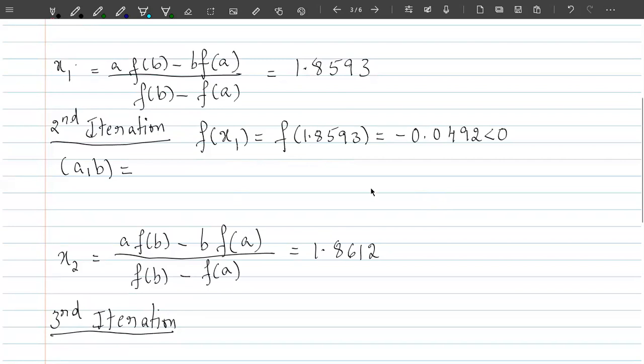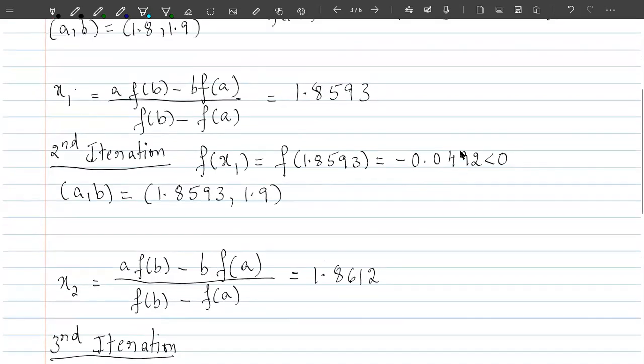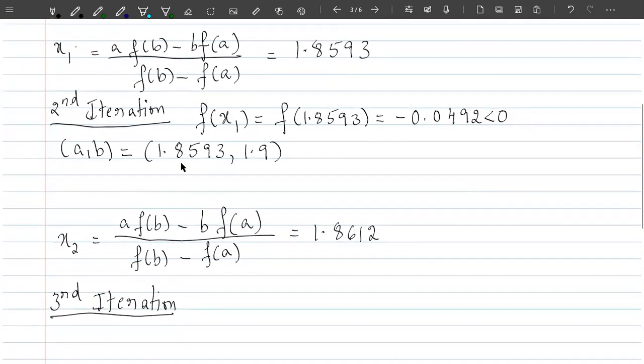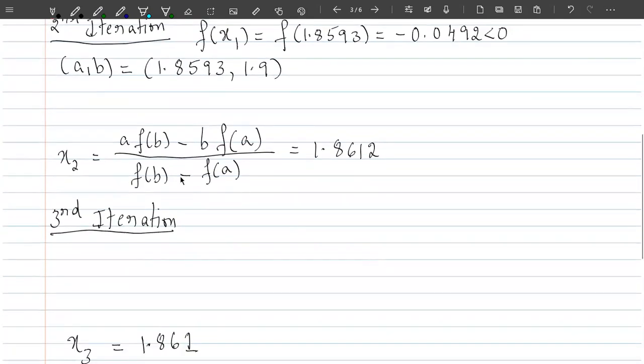So our interval will be 1.8593 and the upper limit is 1.9, because f of 1.8593 is negative and f of 1.9 is positive, and the difference between 1.8593 and 1.9 is small enough. Taking these values of a and b, we can immediately find the value of x2, and x2 is equal to 1.8612.